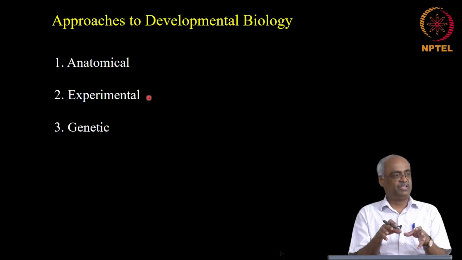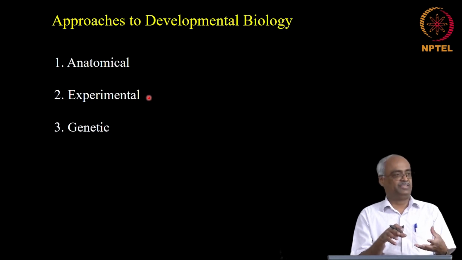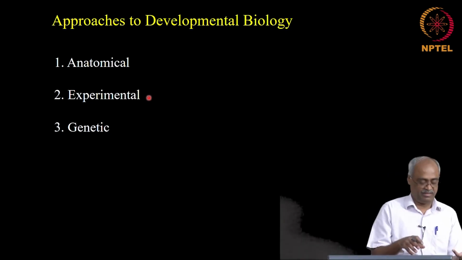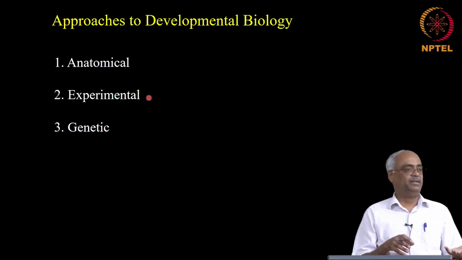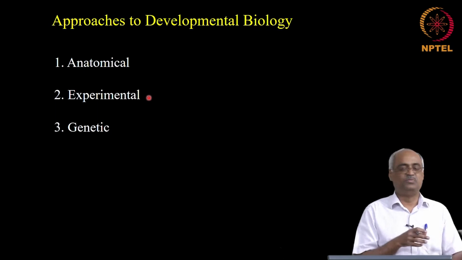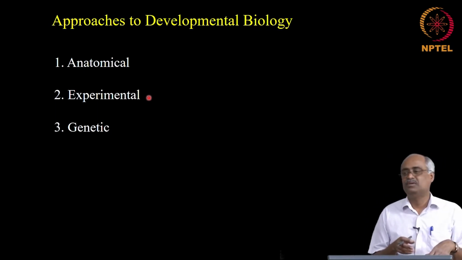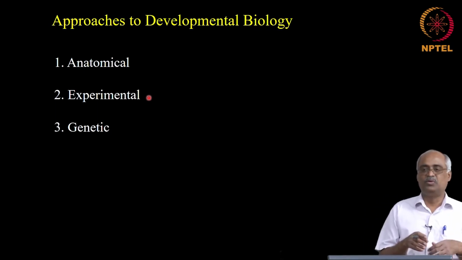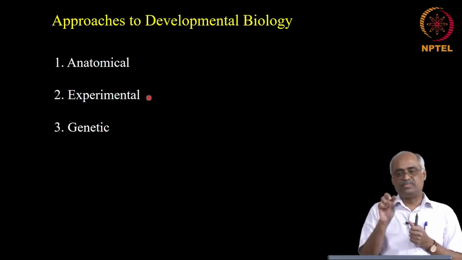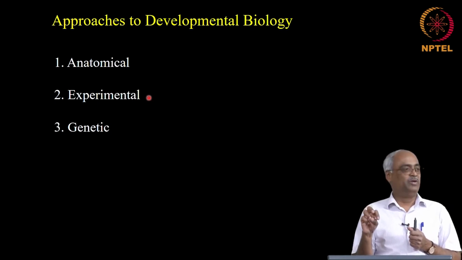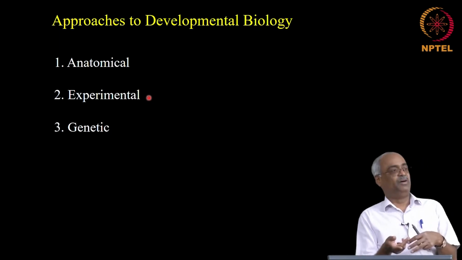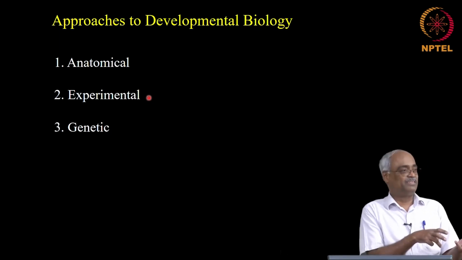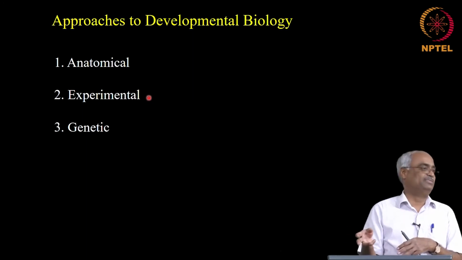So those kinds of experiments are changing the conditions, like for example, you take the egg of reptiles like crocodile and keep it at different temperatures and see what happens to sex determination. Or you cut off a certain part of the embryo and see what part does not form or what part still forms, in which organism this happens and in which organism it does not happen.